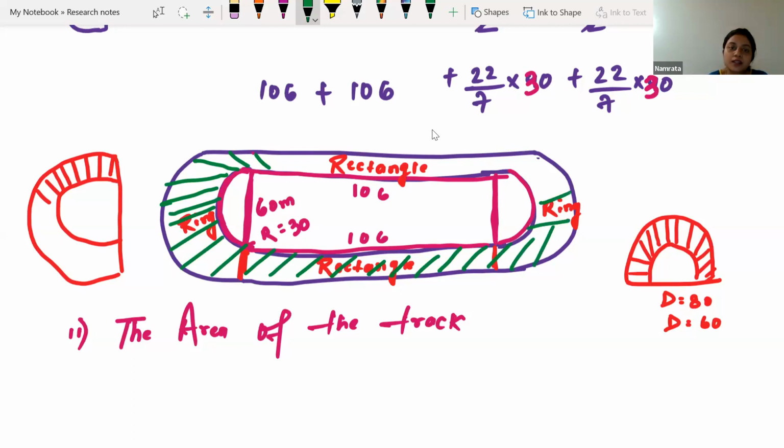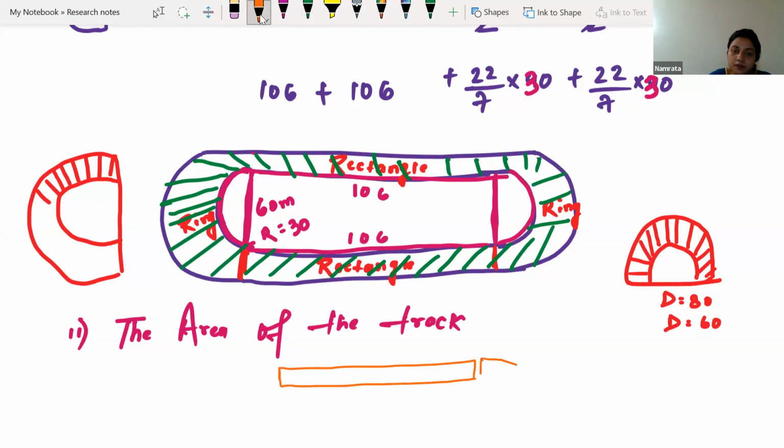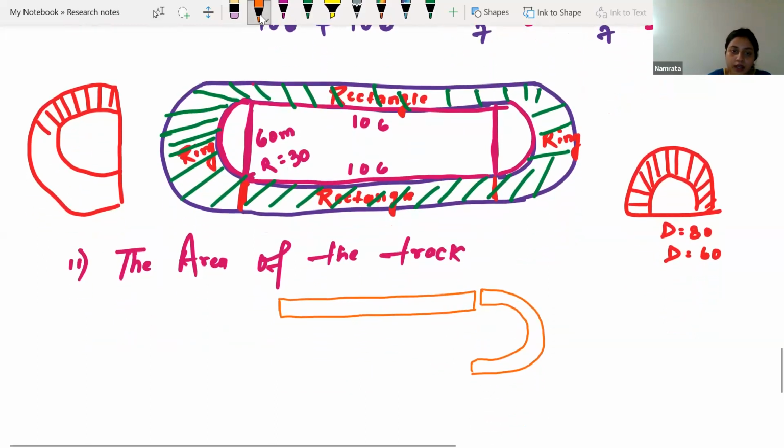I am trying to say that this green part is the combination of a rectangle over here, then a semicircular ring, then again a rectangle, and then again a semicircular ring.